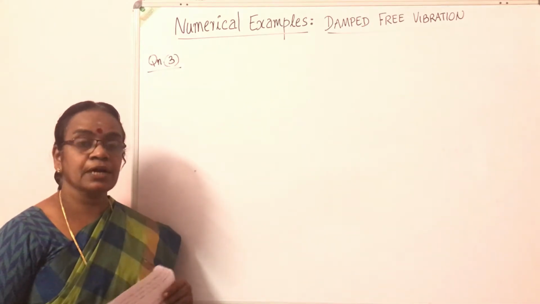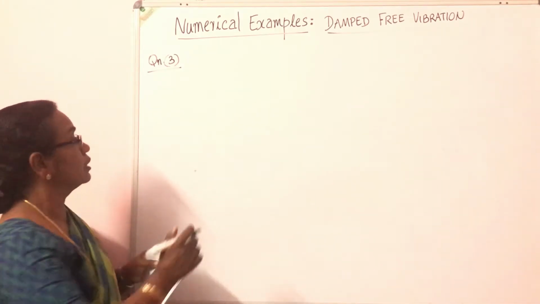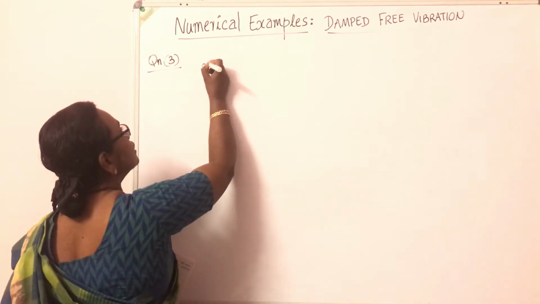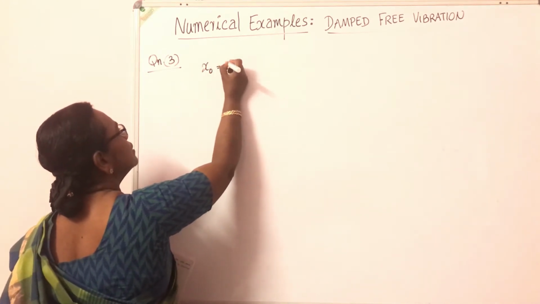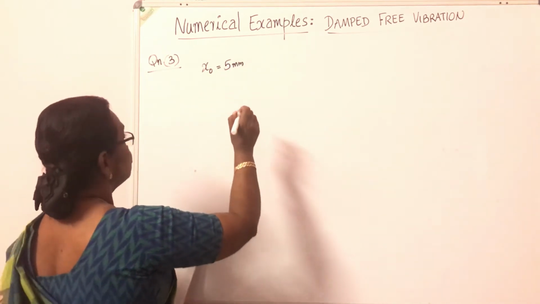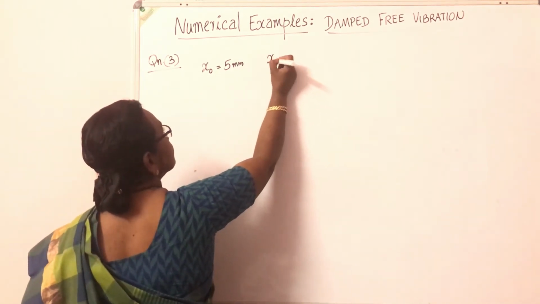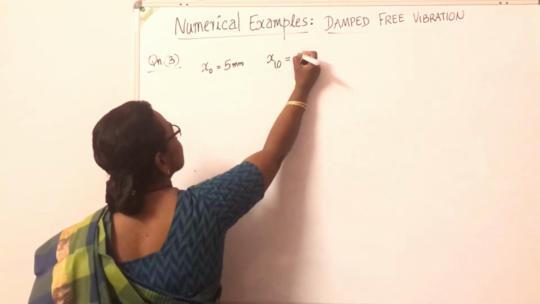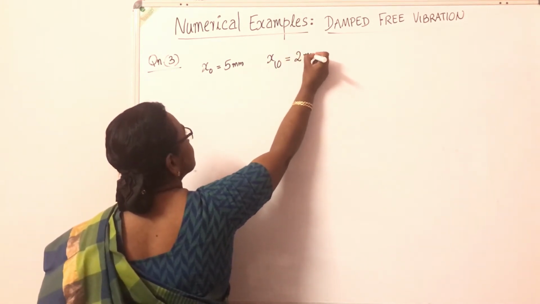So coming to the data, the initial amplitude is 5 millimeter. It reduces to 2 millimeter after 10 cycles.